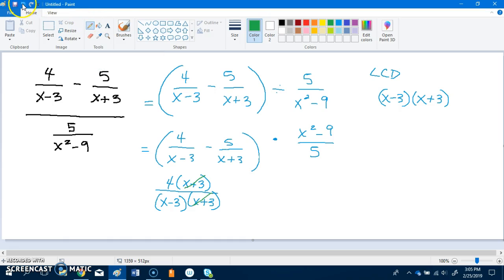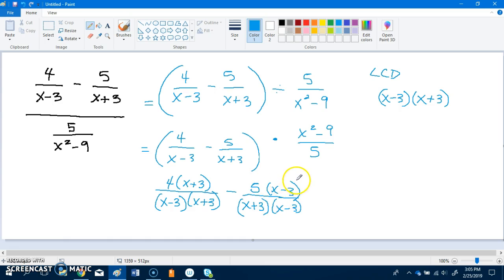Now that I know I have an equivalent rational expression, I'm going to remove those green marks and do the same thing for my other rational expression. So 5 over x plus 3, I want it to have that lowest common denominator of x plus 3, x minus 3, and then I have the 5, and I'll have x minus 3 up here.